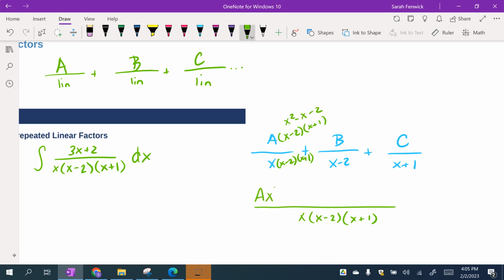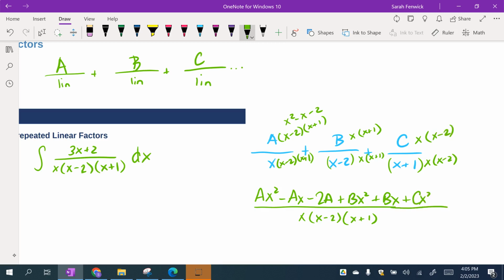So ax squared minus ax minus 2a. My b needs to multiply by x plus 1. So that's going to be bx squared plus bx. And my c is going to need to multiply by x minus 2. So I'm going to have plus cx squared minus 2cx.